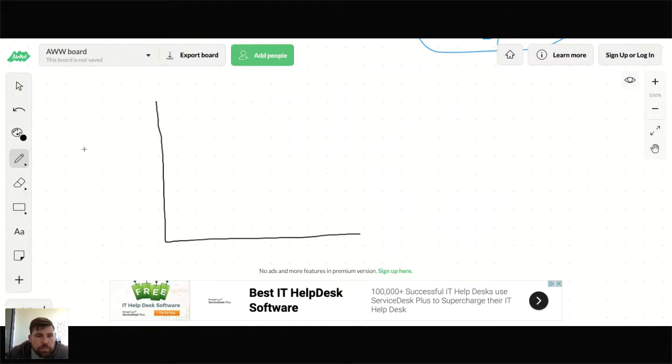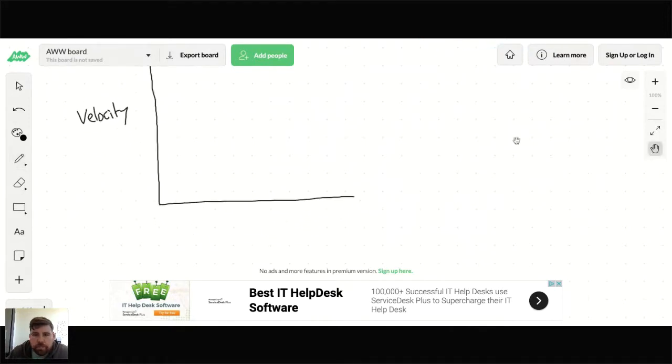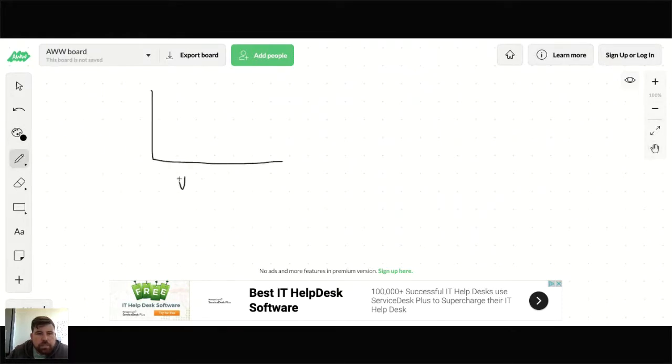So this will be velocity. Velocity will be the x-axis, and the number of particles will be the y-axis.